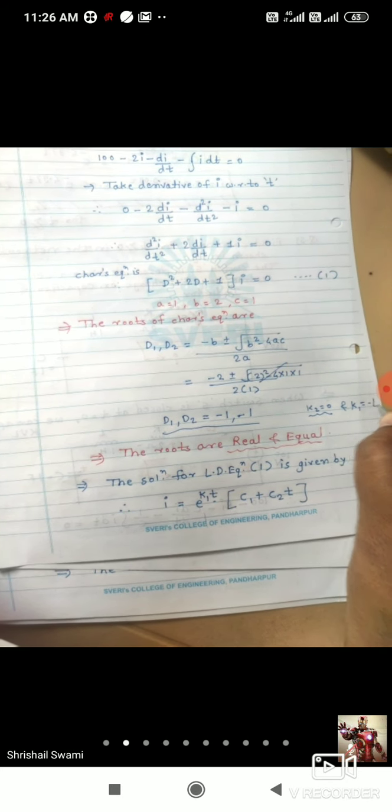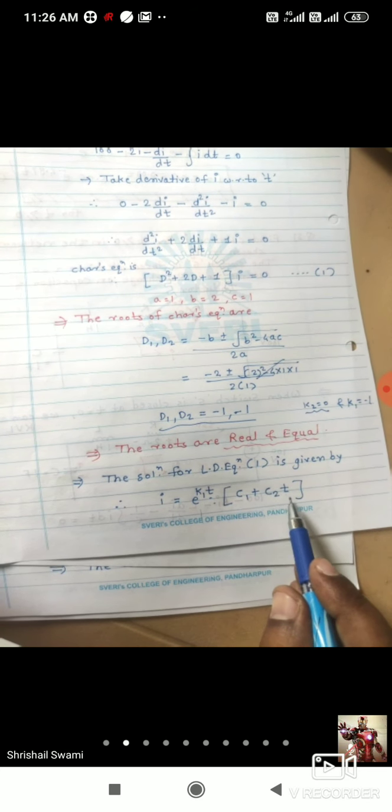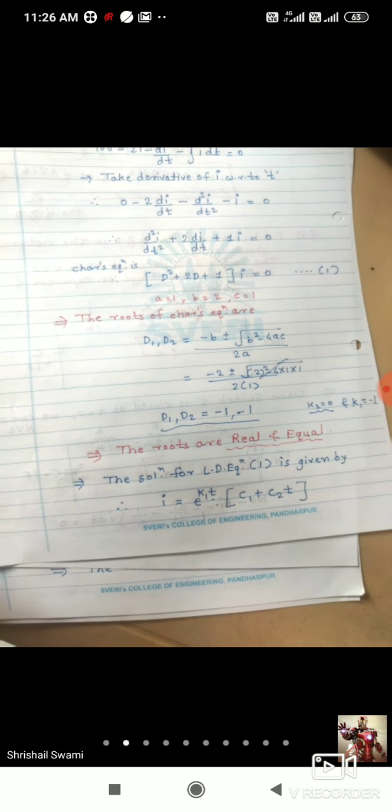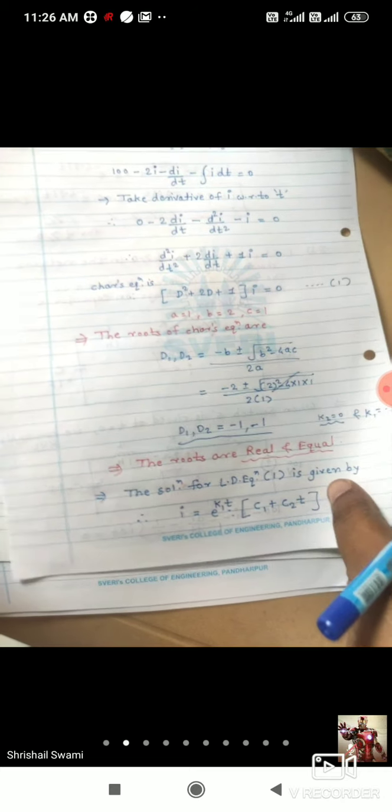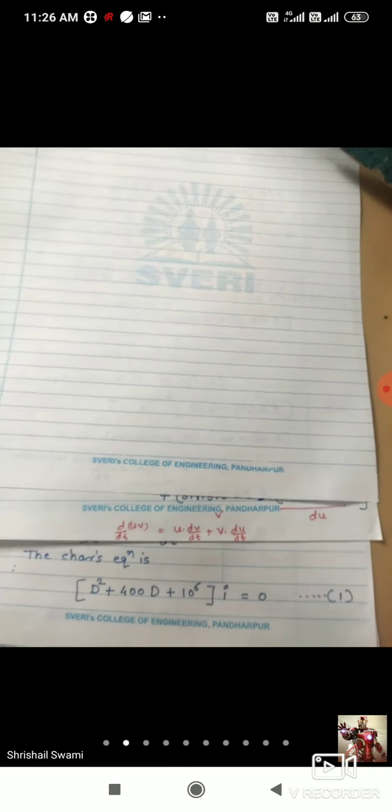So I is equal to e raised to k1 t into c1 plus c2 t, where c1 and c2 are the arbitrary constants. So here I is equal to e raised to minus 1 into t, that is e raised to minus t in bracket c1 plus c2 into t. So this will be the equation number 2.